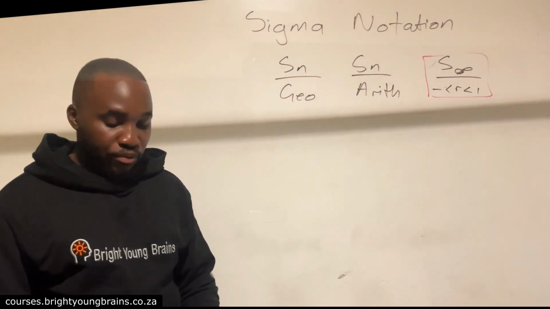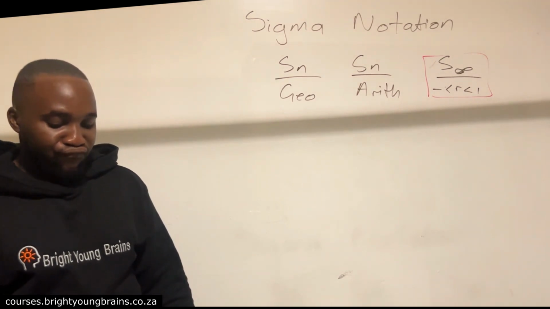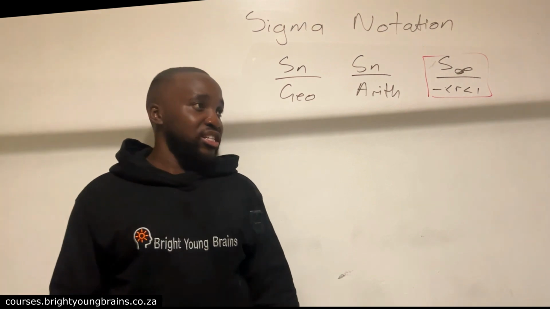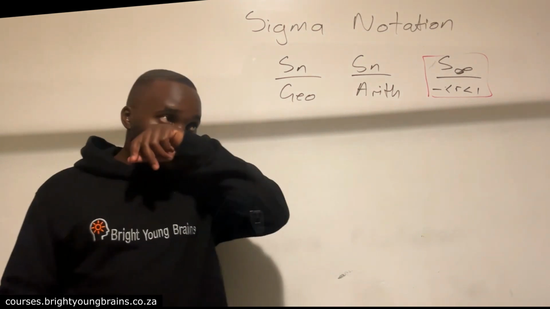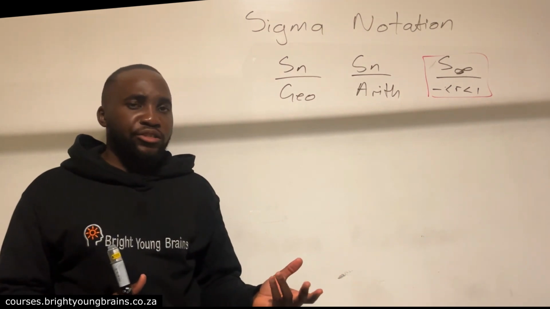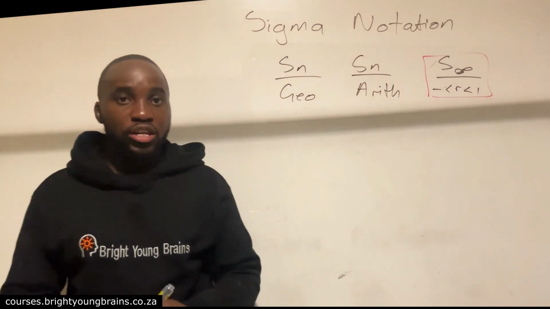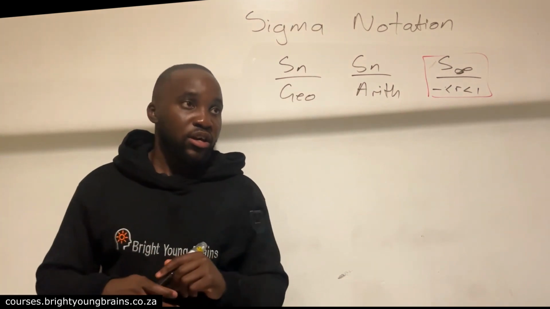In this video, we are going to go through a somewhat extended or detailed example of how sigma notation works. We're all used to being able to easily answer sigma notation questions that just have a sigma expression and maybe say evaluate.